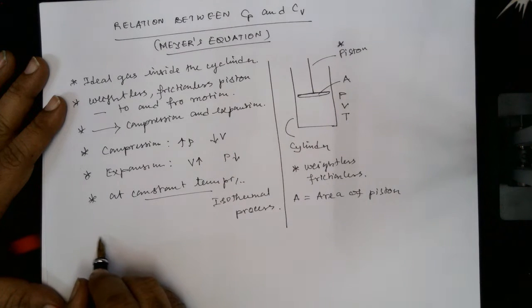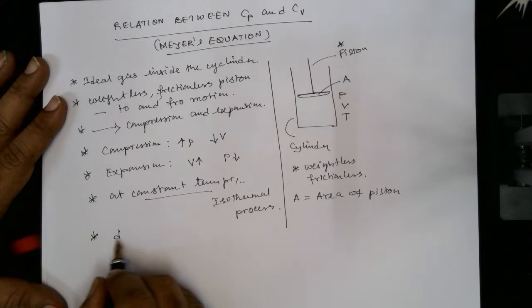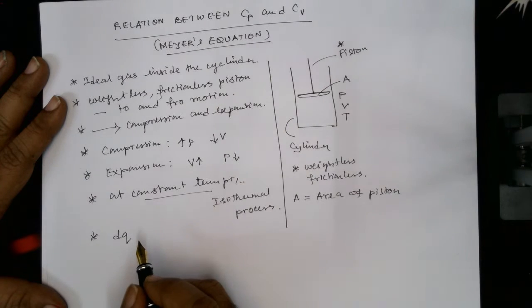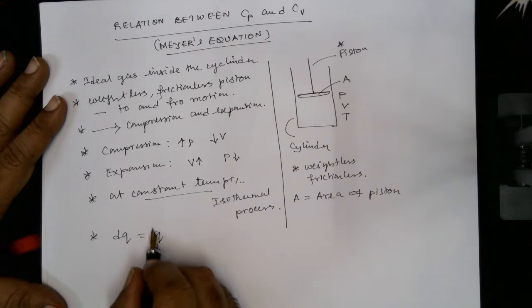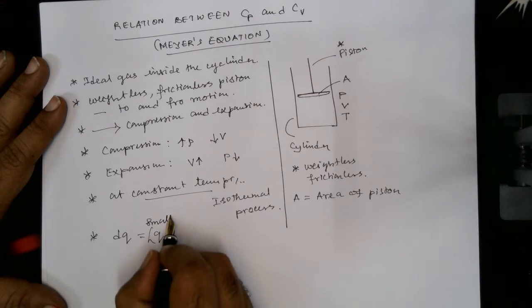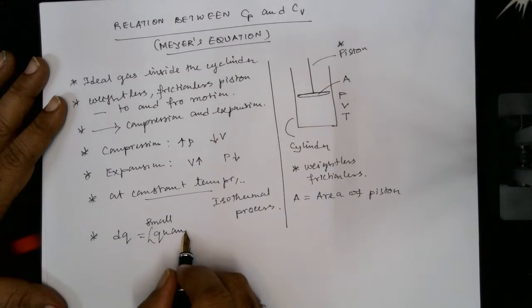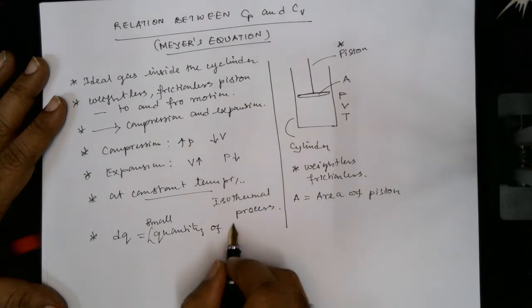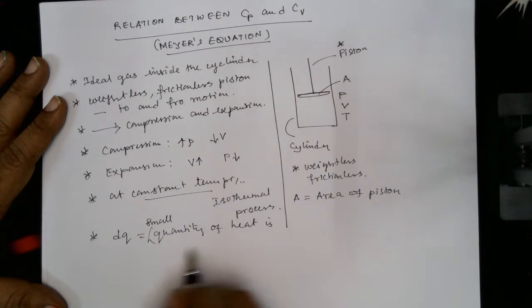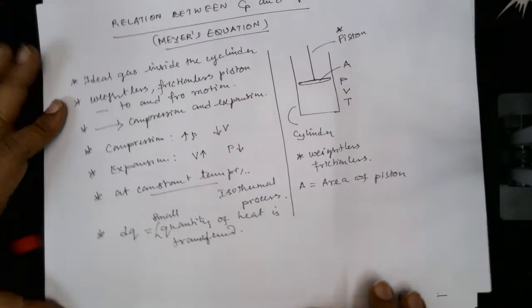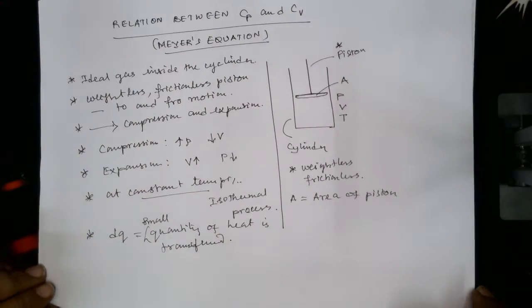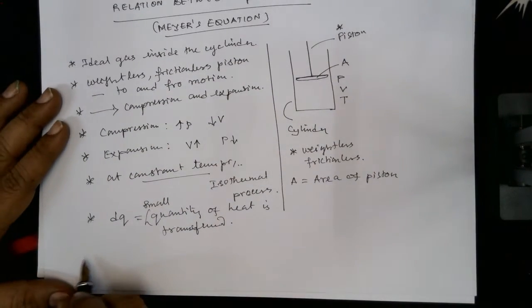And the dQ, the small quantity of heat, is transferred from system to surrounding or surrounding to system, and that is responsible for the small increase in the temperature also.